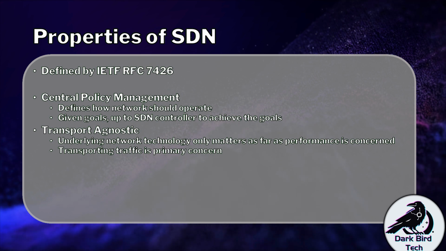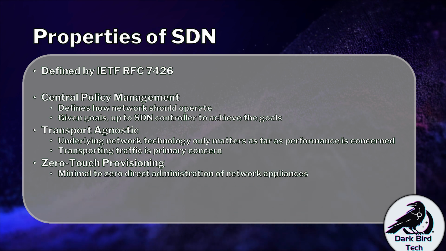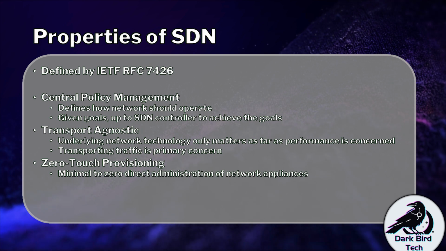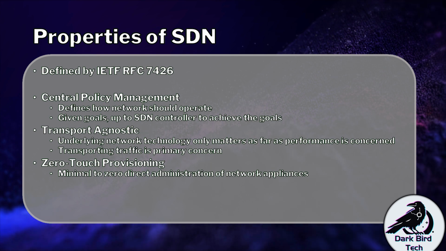Another cool thing as well is we can do something called zero-touch provisioning, which means minimal to zero direct administration of the network appliance itself. Once enrolled on an SDN server, the SDN server can push all config and instructions through to the network appliance, meaning the most we have to do is physically install it and maybe something to enroll it.